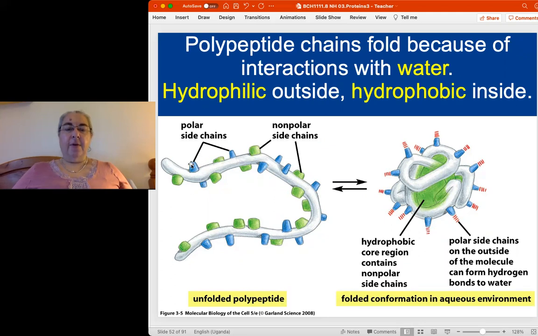And some of these R groups are polar, they're charged, they're hydrophilic, they like to be in contact with water. Some R groups are not charged, they're hydrophobic, they're non-polar, and therefore they do not like to be in contact with water.